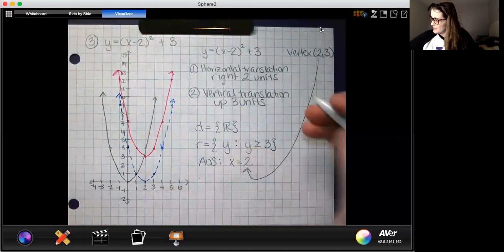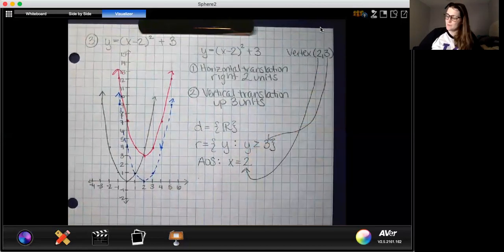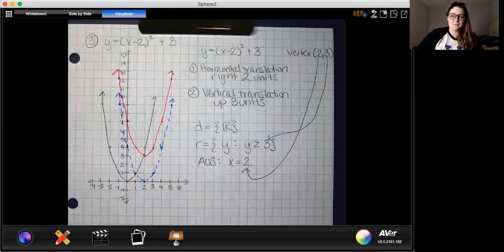So therefore, the 3 comes from our vertex. So those 2 tips will help you in the future with your range and axis of symmetry. Okay, we're going to go ahead and move on to number 4.